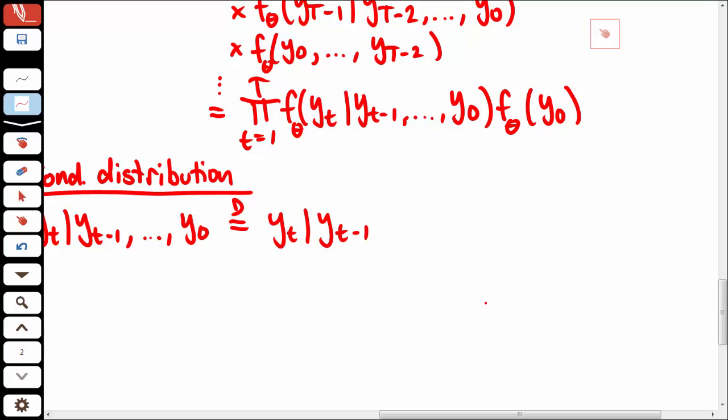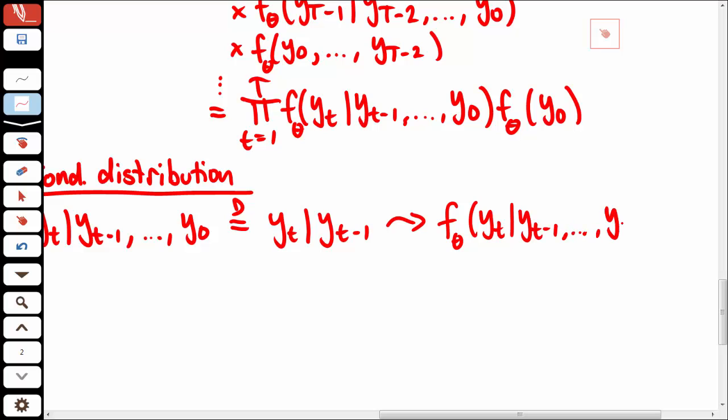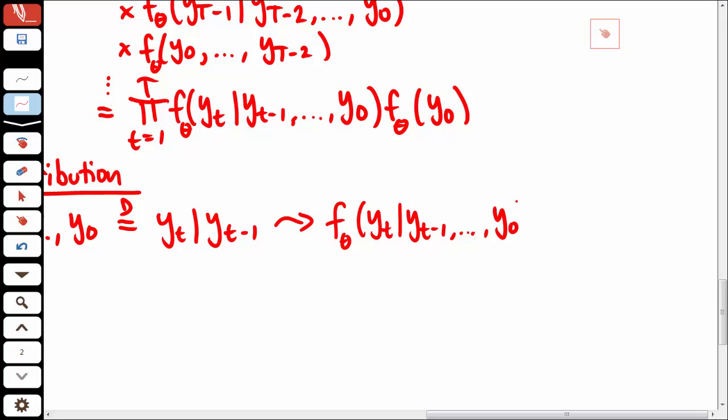This implies that the conditional density of y_t given the past is the same as the conditional density of y_t given y_{t-1}.